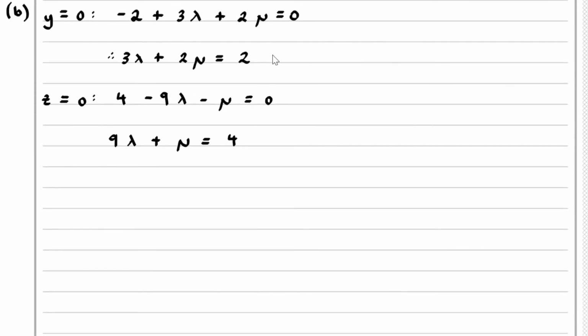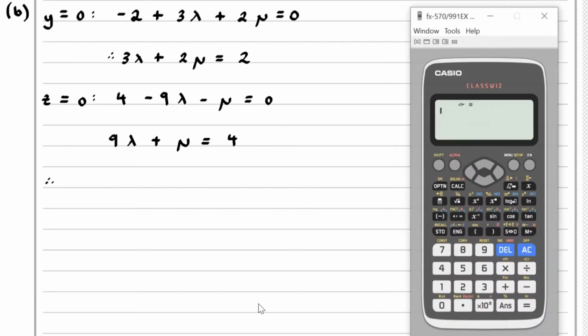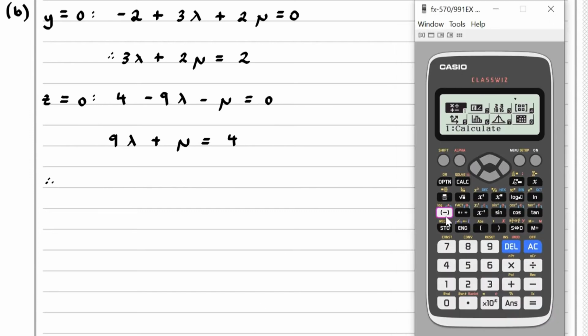And what we can do is solve these two equations simultaneously. If I solve those two equations simultaneously, I've got 3, 2, 2, 9, 1, 4. So I've got 2/5 and 2/5. So both lambda and mu are equal to 2/5.